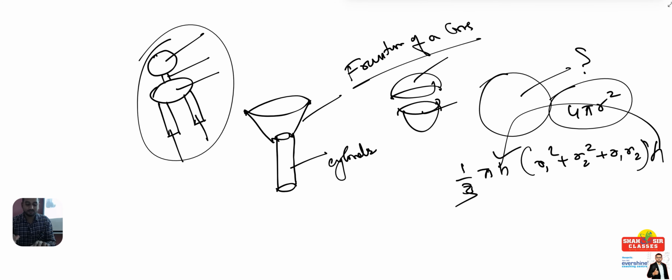Better you copy this question. A frustum of a cone shaped jaggery is melted and remolded completely to the shape of a sphere.